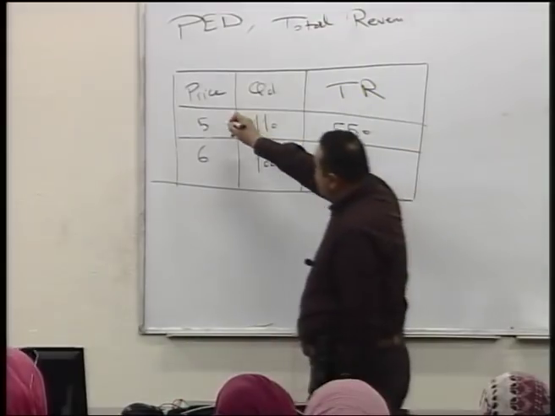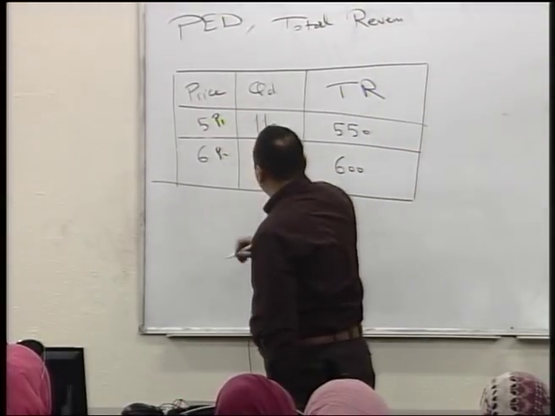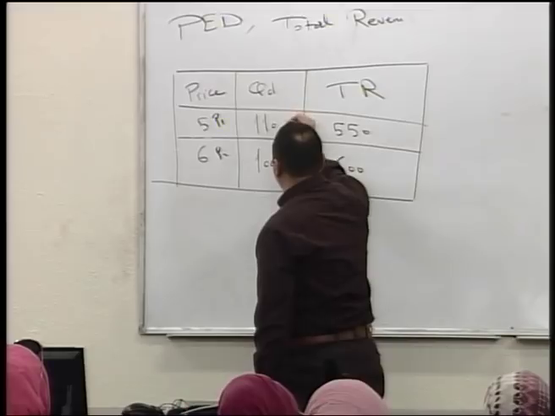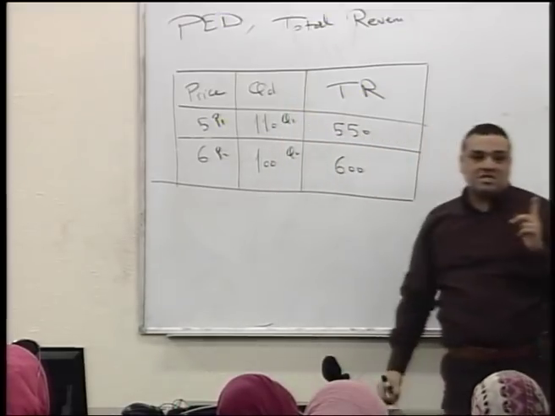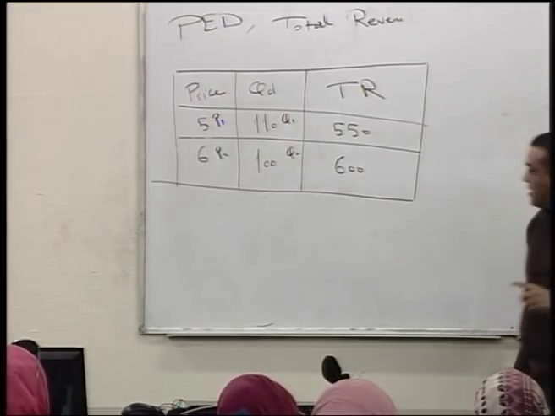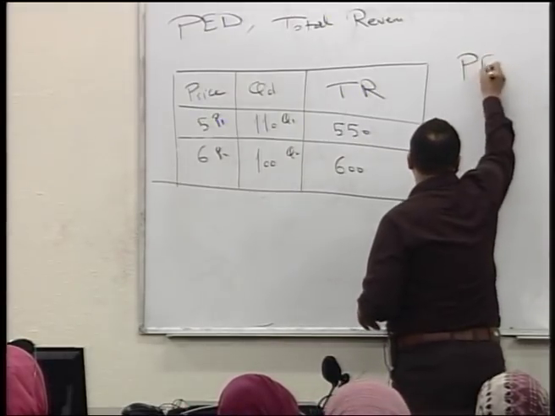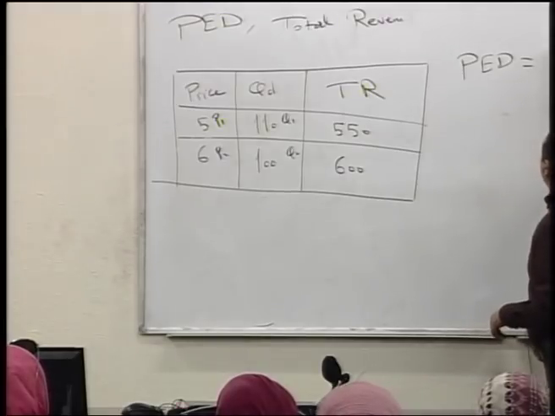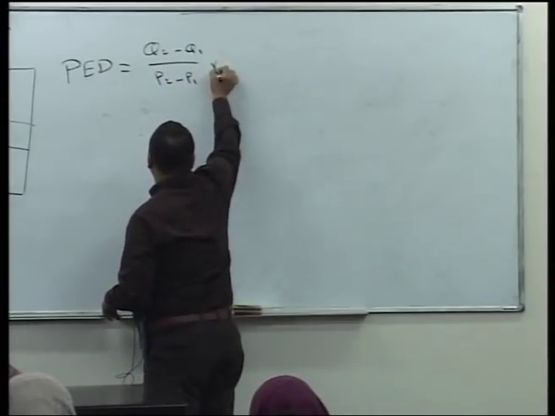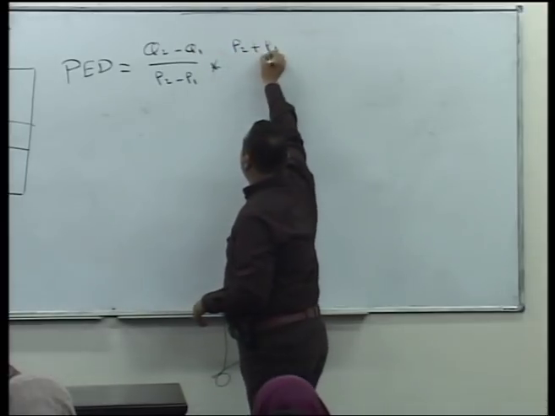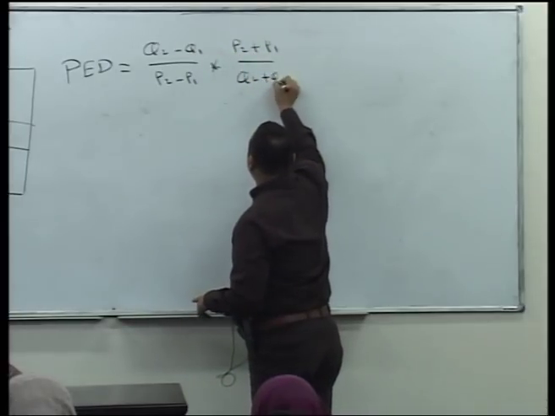This is price P1, right? P2, QD1, Q2. Let's calculate the price elasticity of demand. PED equals Q2 minus Q1 over P2 minus P1 times P2 plus P1 over Q2 plus Q1.